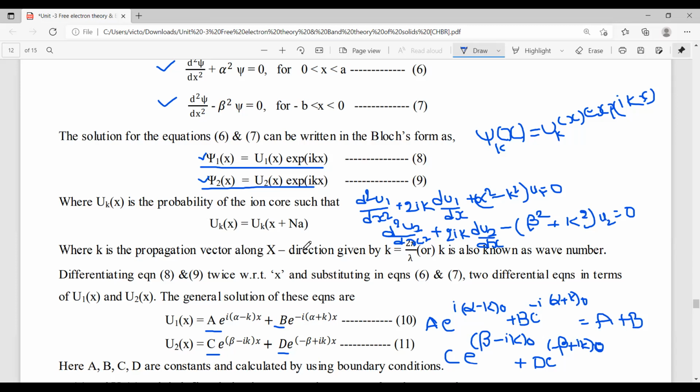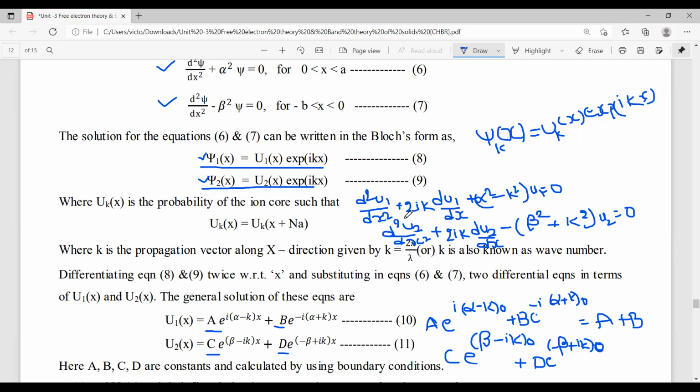We get the expression in the u2 variable: d square u2 divided by dx square plus 2ik du2 divided by dx minus (beta square plus k square) u2 equal to 0. That means again we get a second order differential equation in the variables u1 and u2.